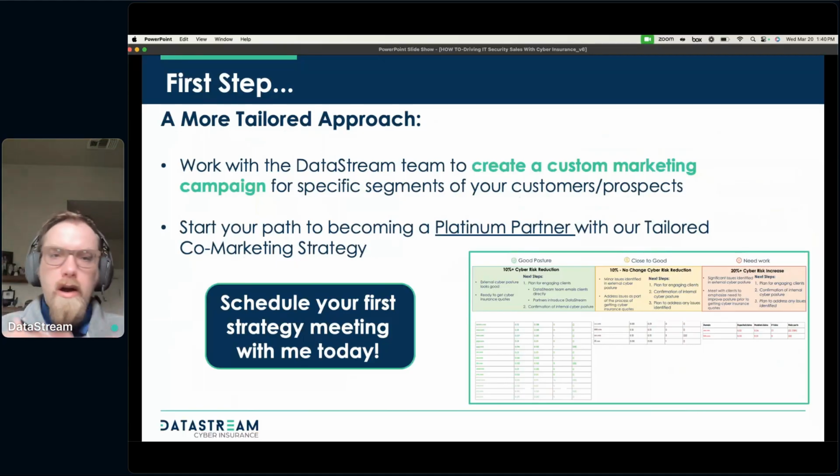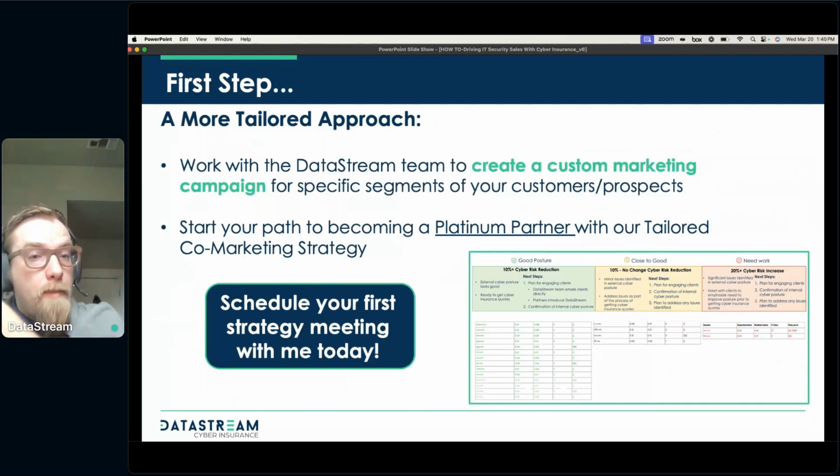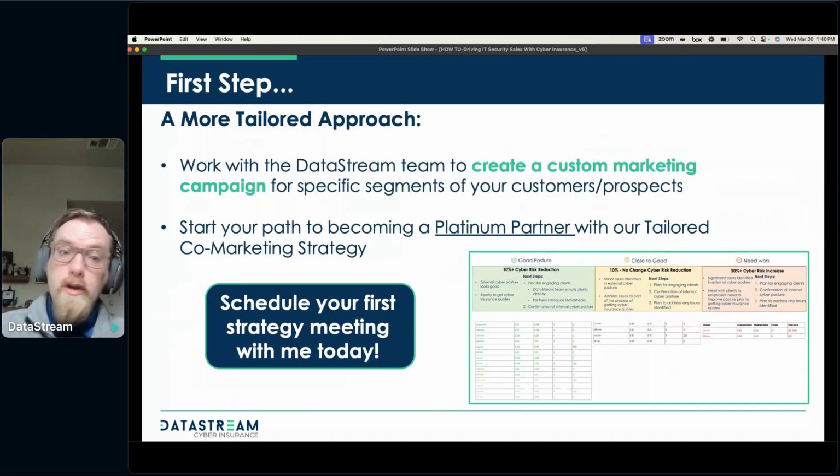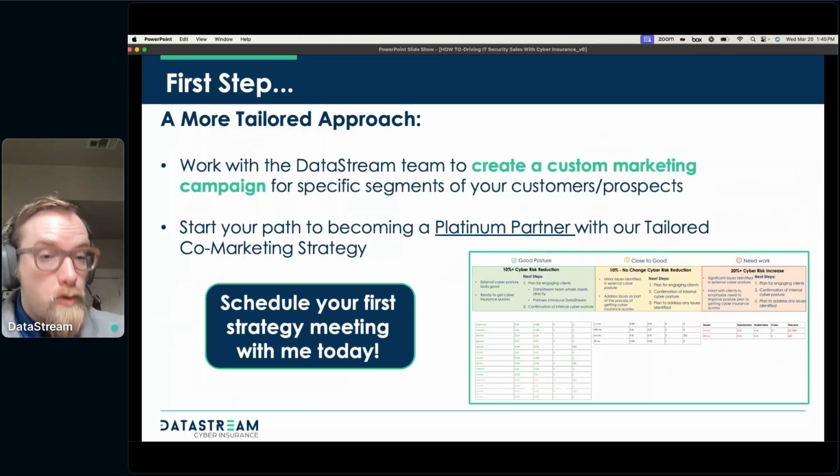You're seeing an example here of running one of our risk assessments on a group of customers, and our risk assessment automatically organizes them, color coordinates them based on their general risk and their external posture. So we can create tailored campaigns for each of those segments. We could also focus in on specific tools.